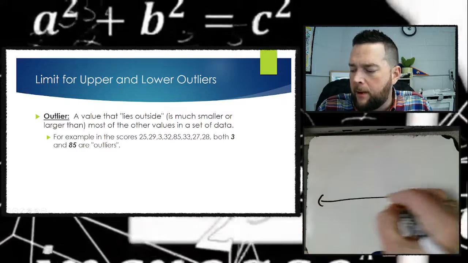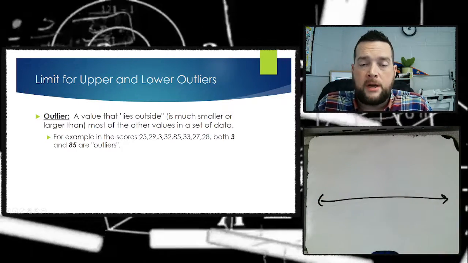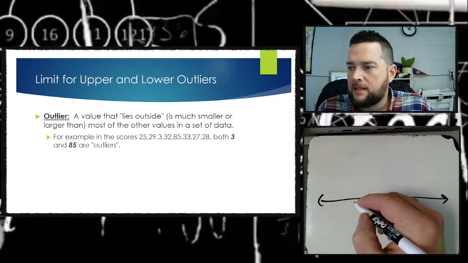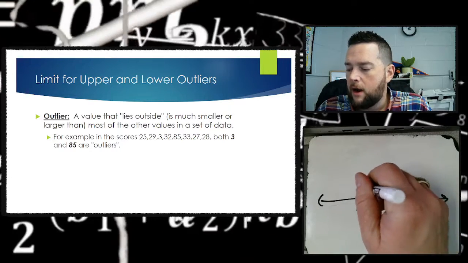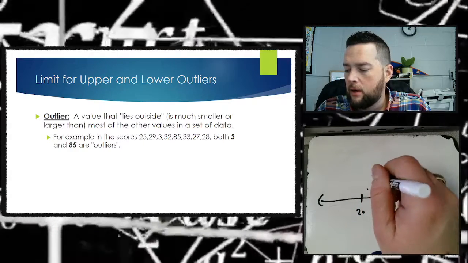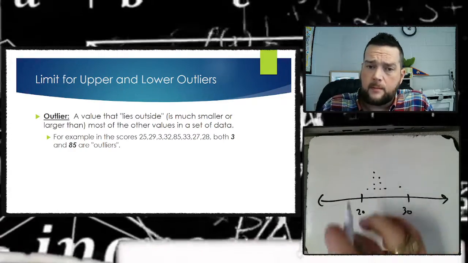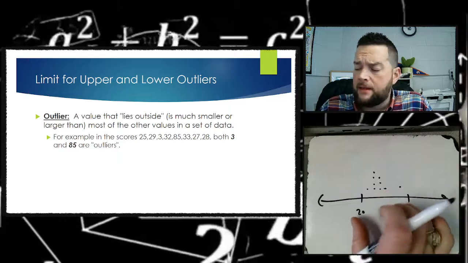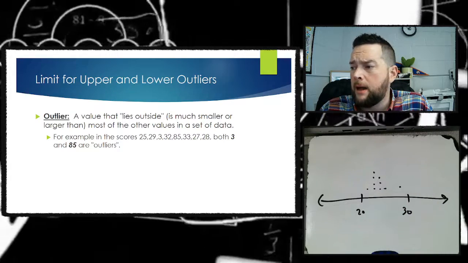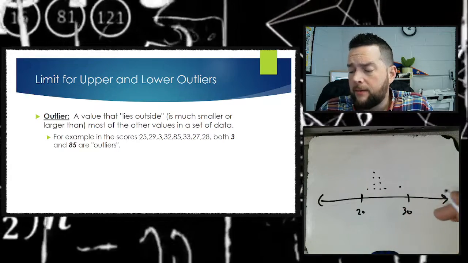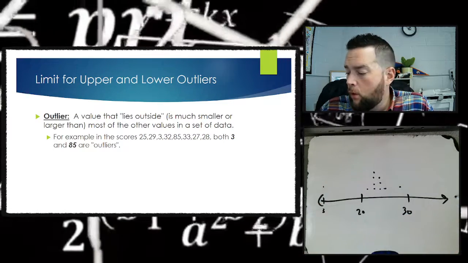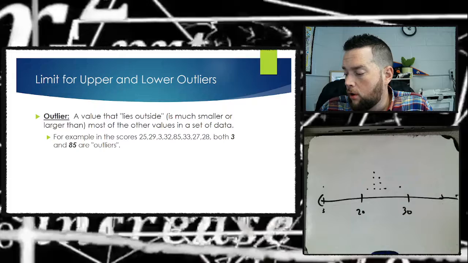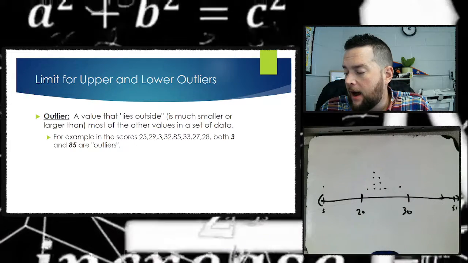If I were making a dot plot, it may look something like this, where you've got all these dots kind of clustered right there between 20 and 35. But then you've got one that's way over here at 3, and you've got one that's really far over here at 85.